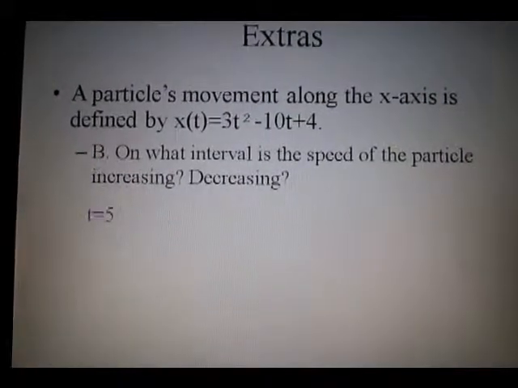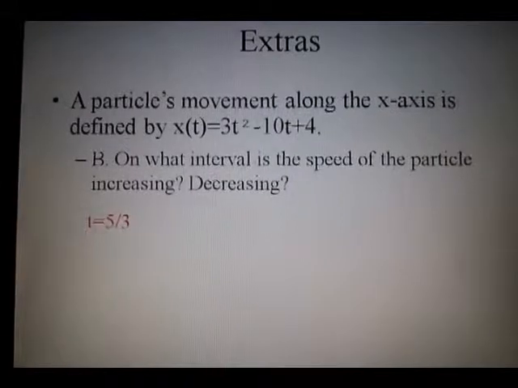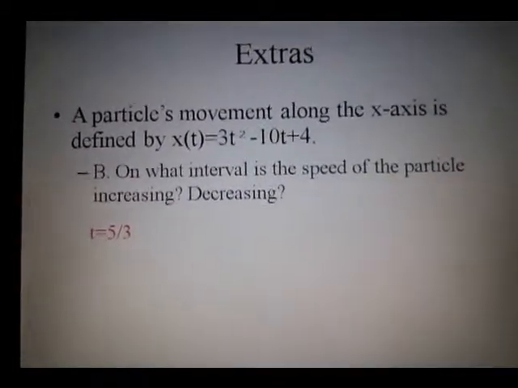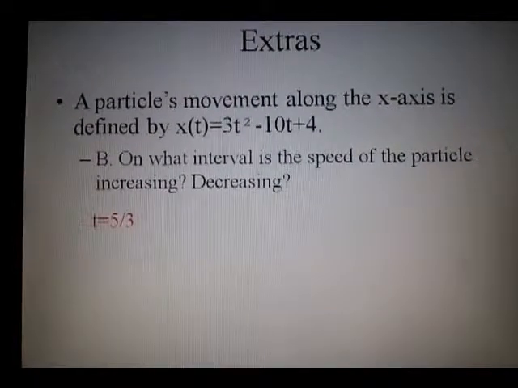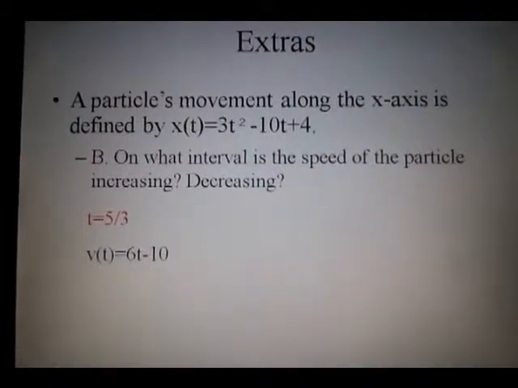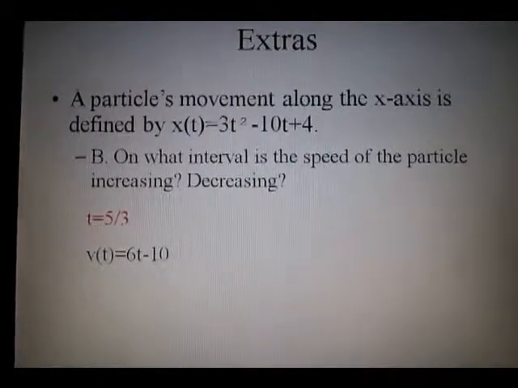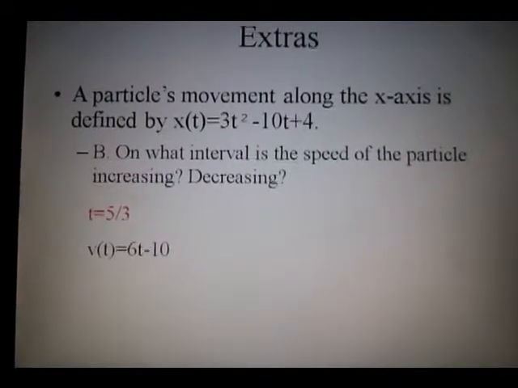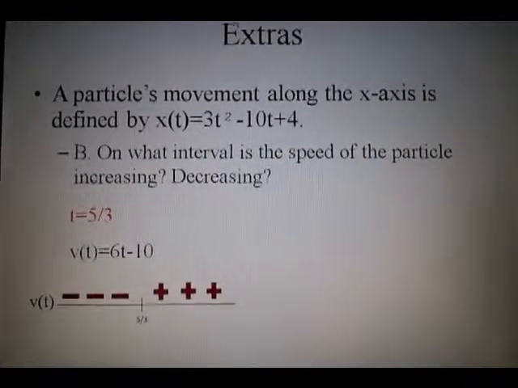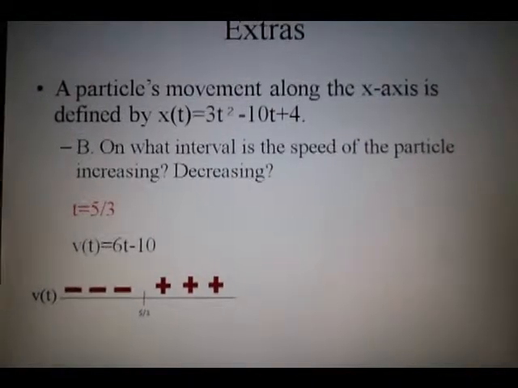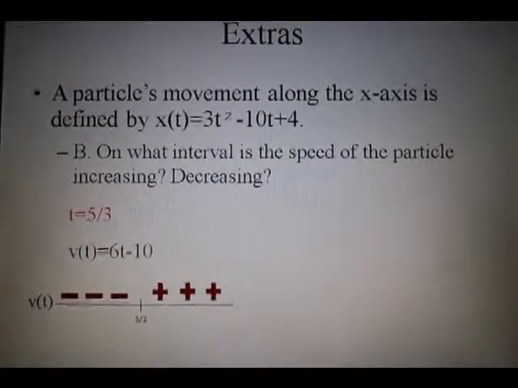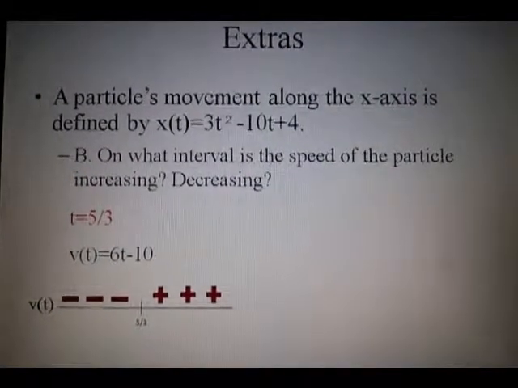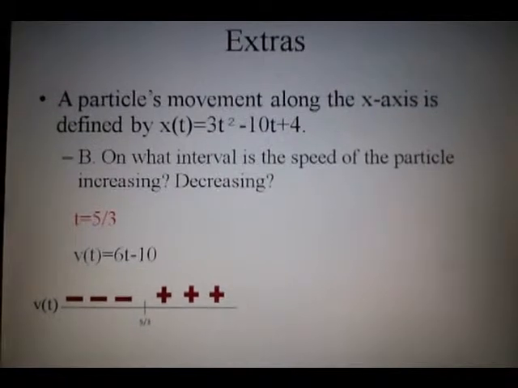To find where the speed of the particle increases or decreases, you need to find where the particle changes direction. That we already did in the previous problem, and we established that the particle changes direction at t equals 5 over 3. Since we already have this, you can simply place it on a number line. And you can substitute any number that is not 5 over 3 into the velocity function so that you can figure out whether it would be negative or positive on the left or the right side.